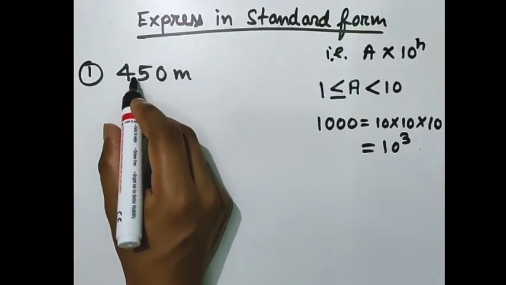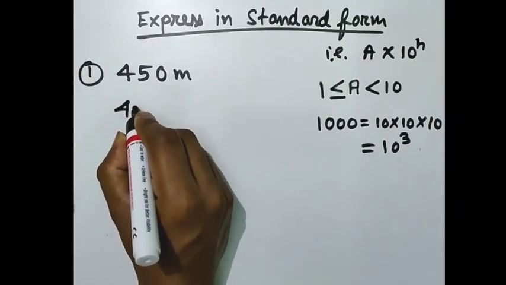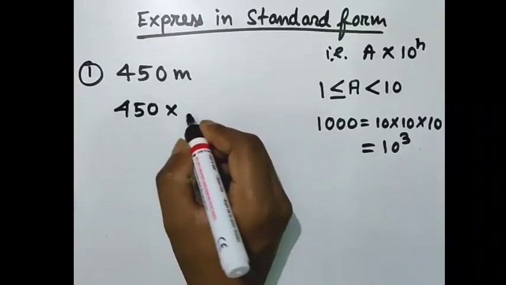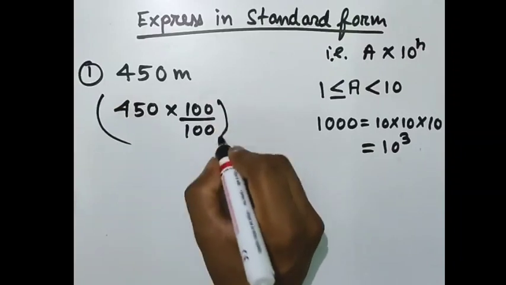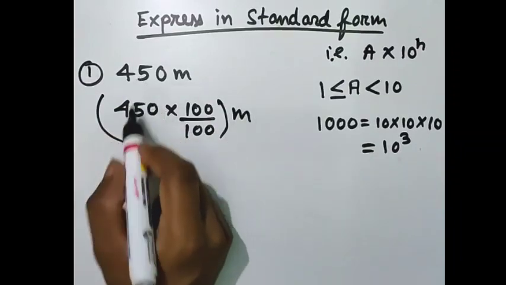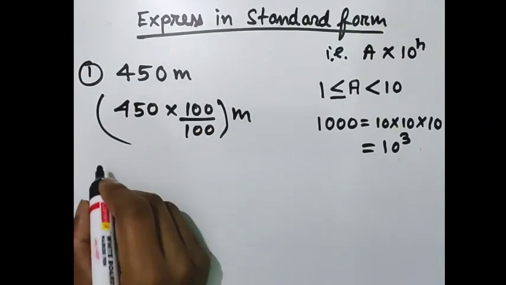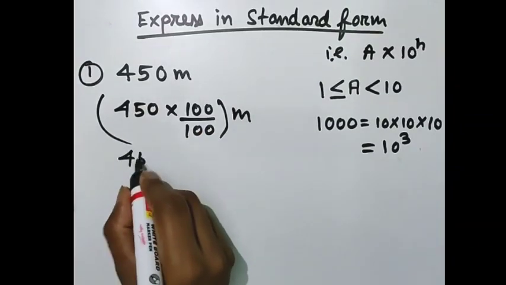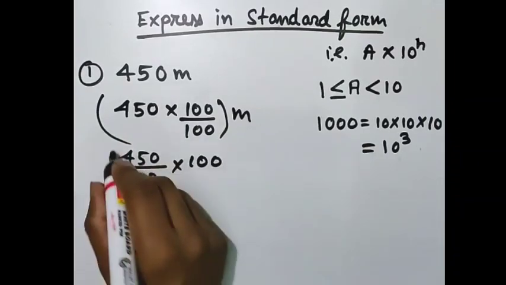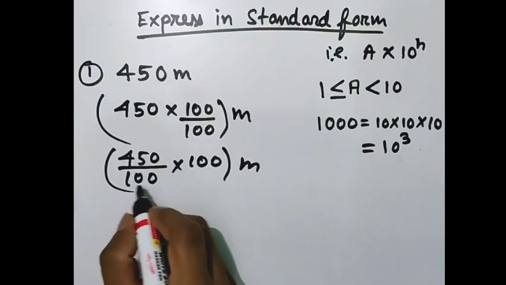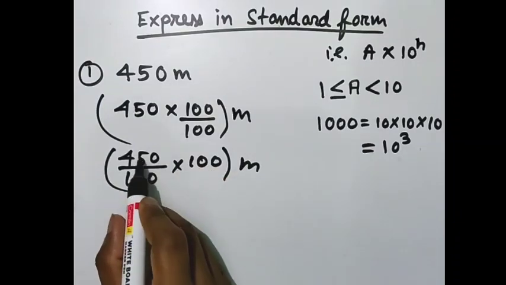So how can we do that without changing the value? Now we can multiply this expression by 100 and divide by 100, right? So the value will remain the same, 100 gets cancelled, so it will remain 450 meter. Now 450 meter times 100 divided by 100 means 450 by 100. We can change this into a decimal number, and there are two places, right?